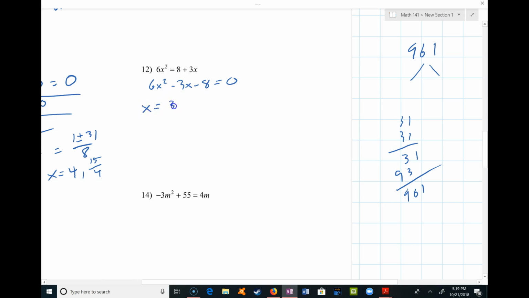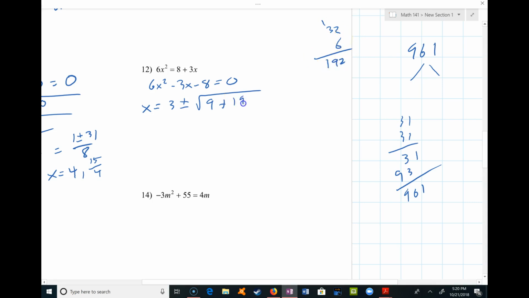negative 3, which would be 3, plus or minus the square root of 9, plus, because it's 4 times 6 times negative 8. Let's see, 4 times 8 is 32, and 6 times 32, 2 times 6 is 12, 3 times 6 is 18, 19.